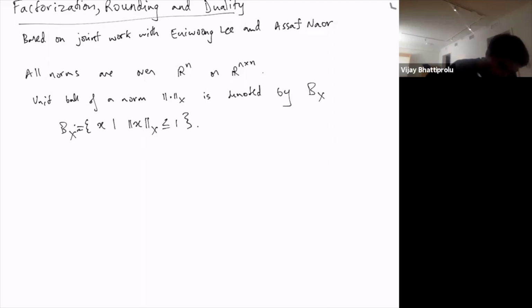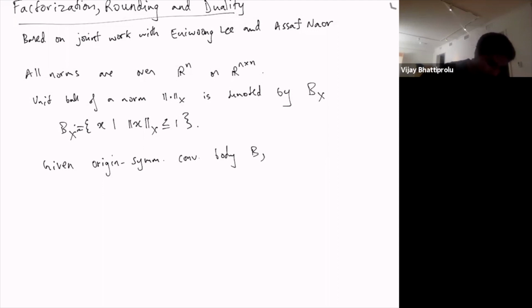So given an origin symmetric convex body B, the Minkowski functional of B, or like a norm induced by B, of a vector x is defined as the minimum lambda such that x over lambda is inside the body B. So the minimum scaling of the body that contains x.